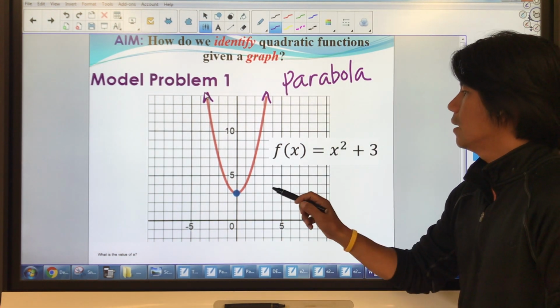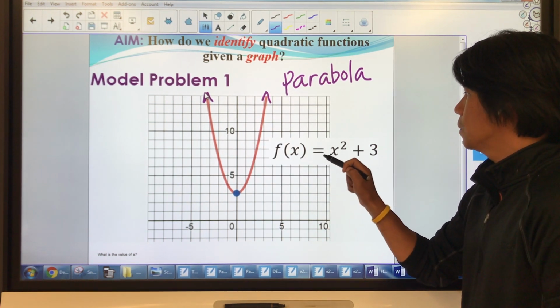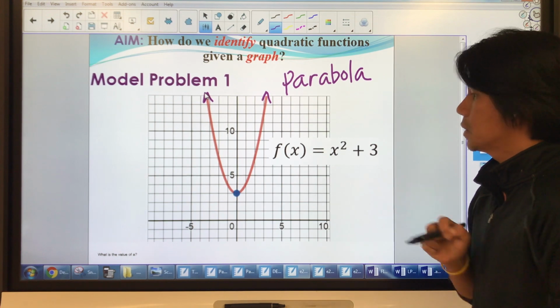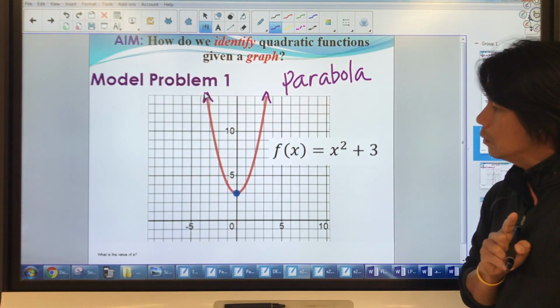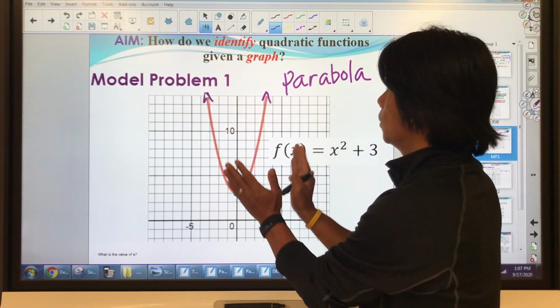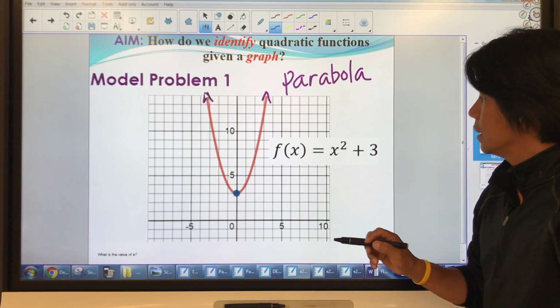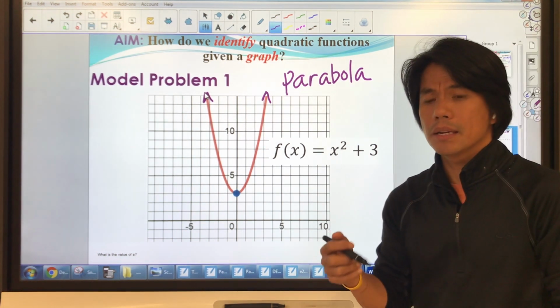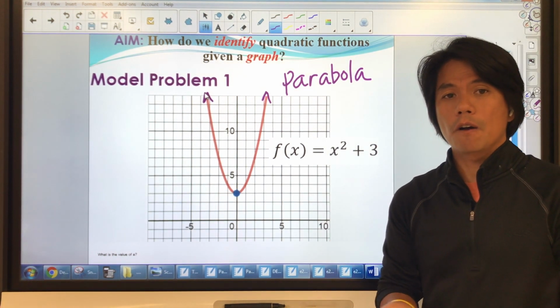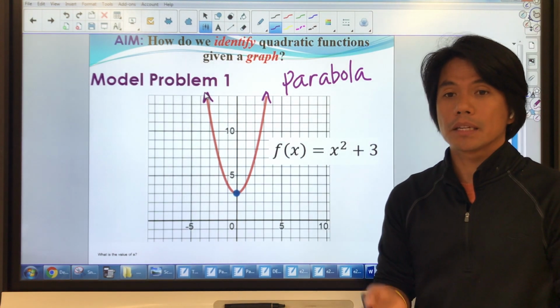Alright, so this is the graph of this function, f of x is equal to x squared plus 3. Now, the question is, why is it going upward? So it opens upward. What is the value of a? Remember a is the coefficient of x squared, or the quadratic term.